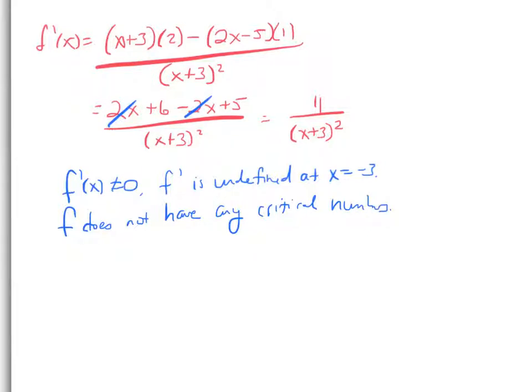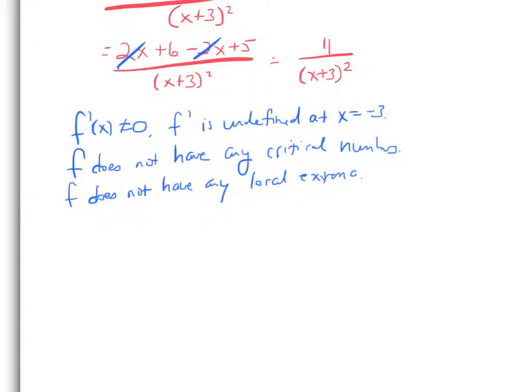Now, if f doesn't have a critical number, then f does not have any local extrema. But we would like to know where our function is increasing or decreasing, so let's set up a sign chart anyway. So we'll have 11, (x plus 3) squared, and the derivative.